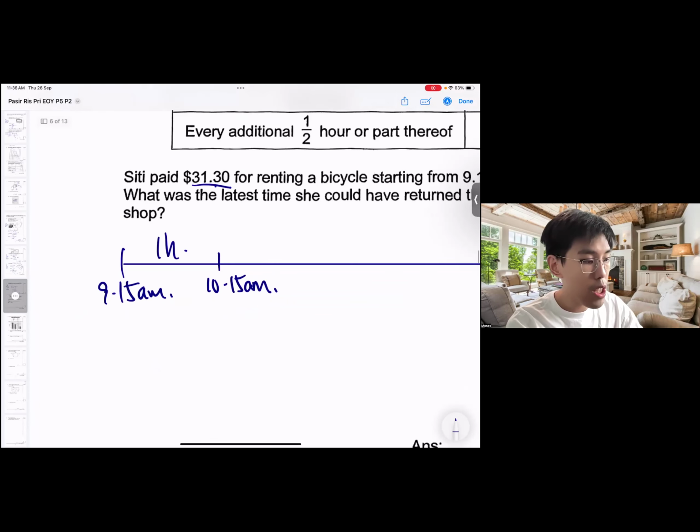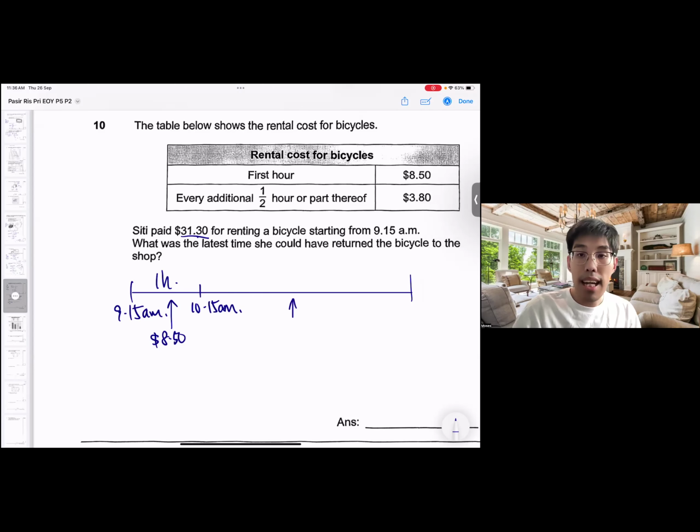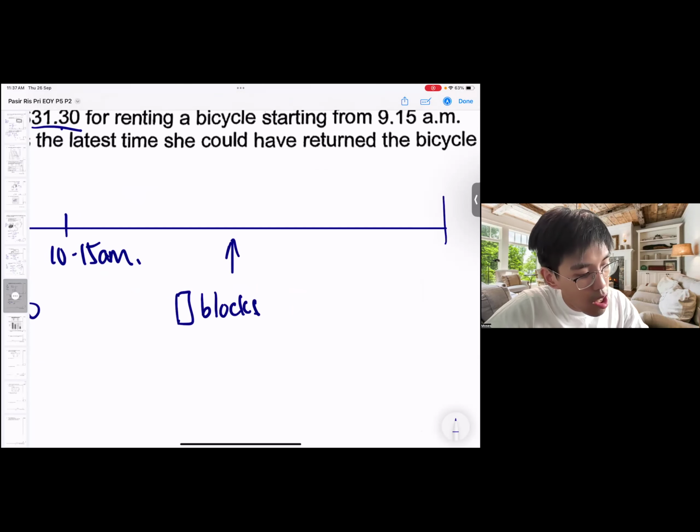Okay, so now this is where we break it down to the individual rates that they pay for. Okay, the first hour is 850, which is here. So with the remaining hours here, what we understand is there are certain number of blocks of half hour.